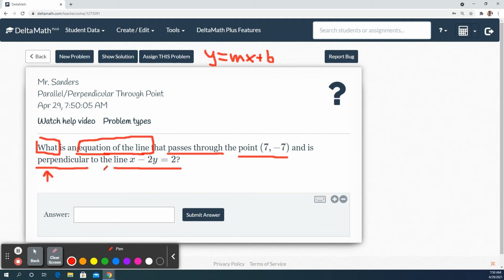And then that means we need this equation to match this form so we can see what the slope is. Minus x, move everything that's not a y to the other side. Y needs to be by itself.